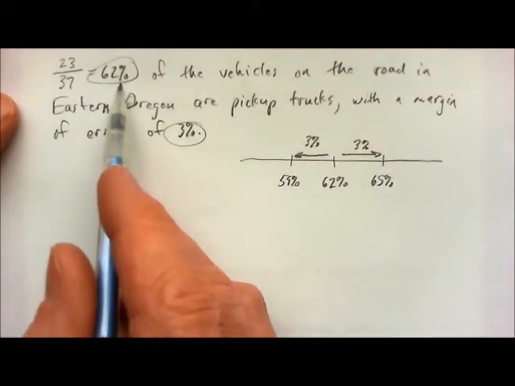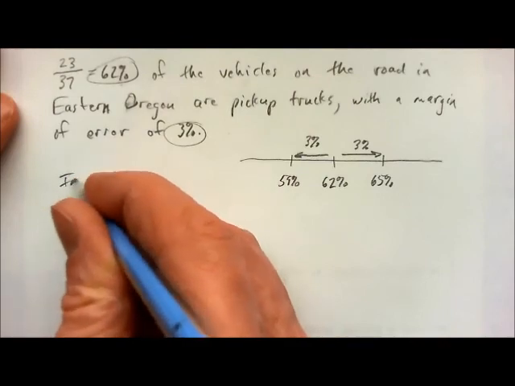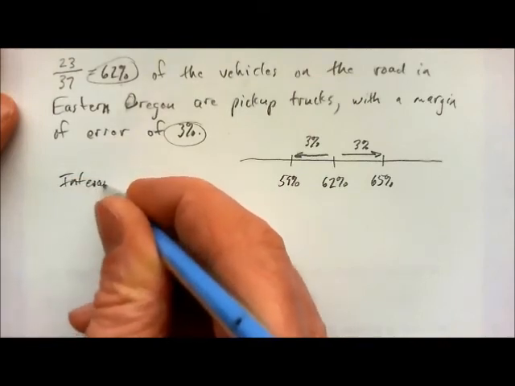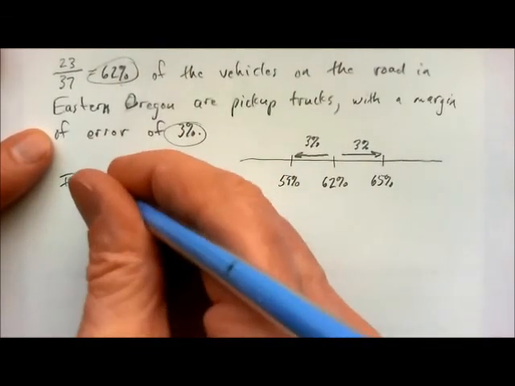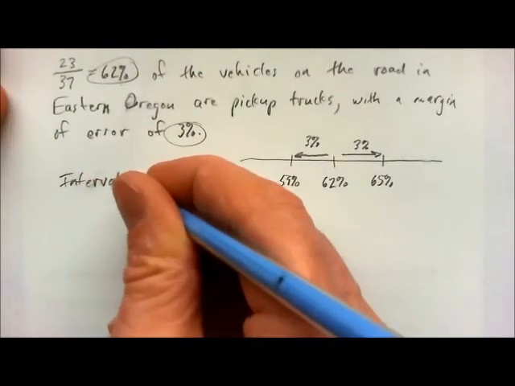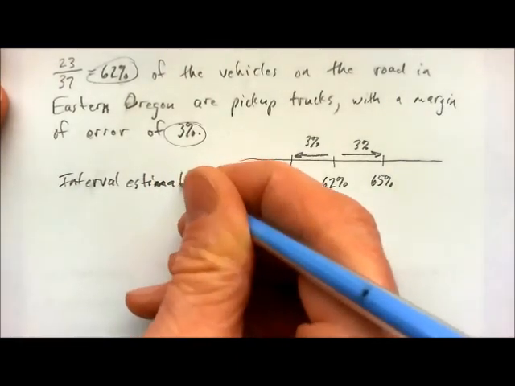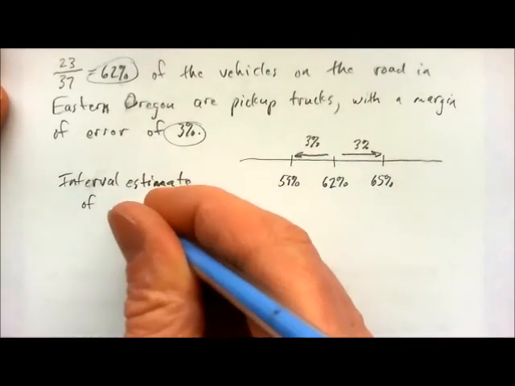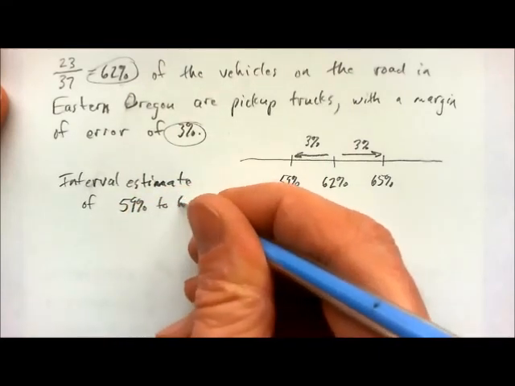So the point estimate of 62% and the margin of error of 3% give us an interval estimate of 59% to 65%.